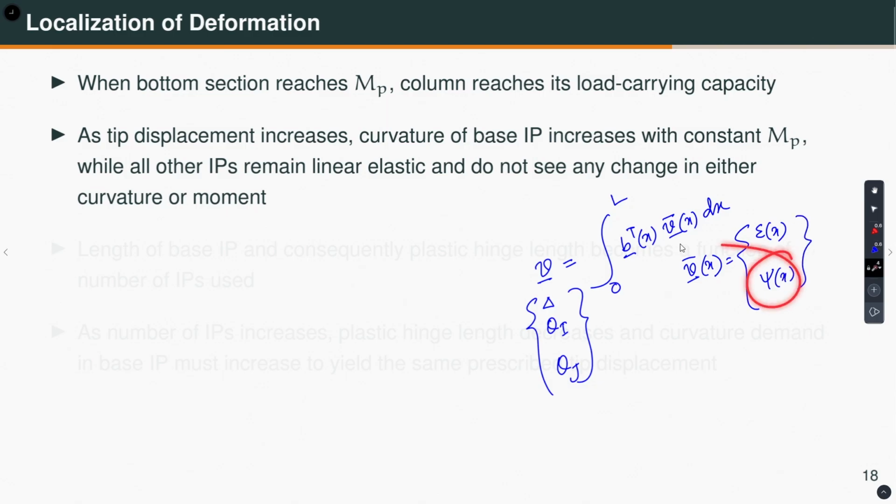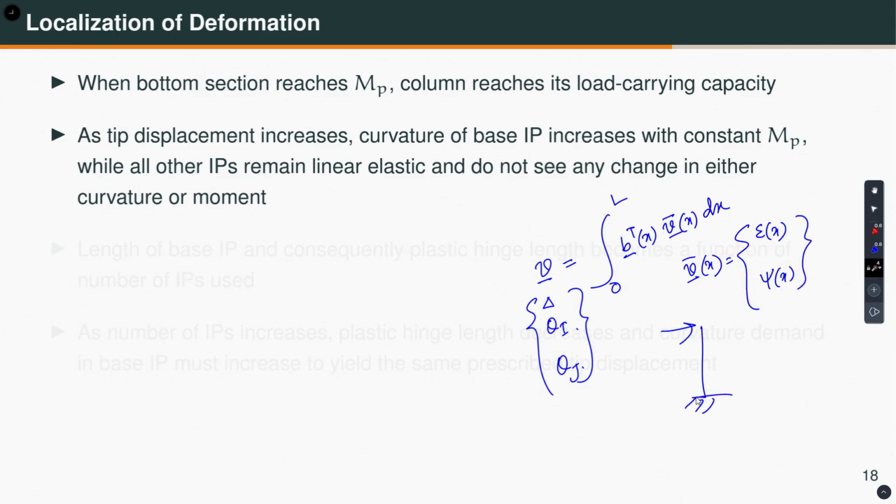So, what is psi x? It is my curvature. Now, let us talk about the curvature at the base of the cantilever. In this case, I am applying a lateral displacement. If I am applying lateral displacement, that will increase basically this rotation, the chord rotation. So, as I impose more and more displacement, then what has to happen? This curvature has to increase at the base section. Why?